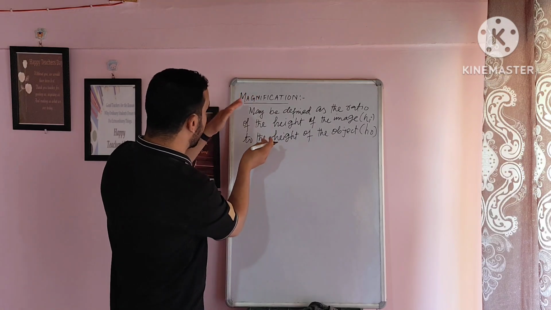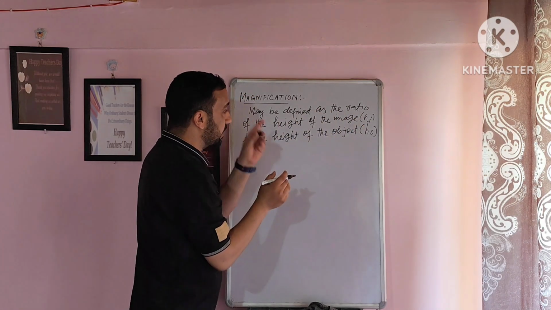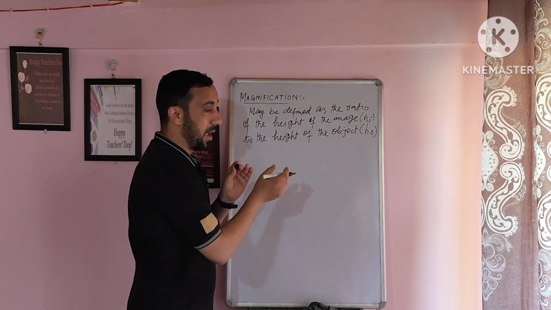And if we try to summarize this formula, the ratio of the height of the image to the height of the object gives the definition of magnification.